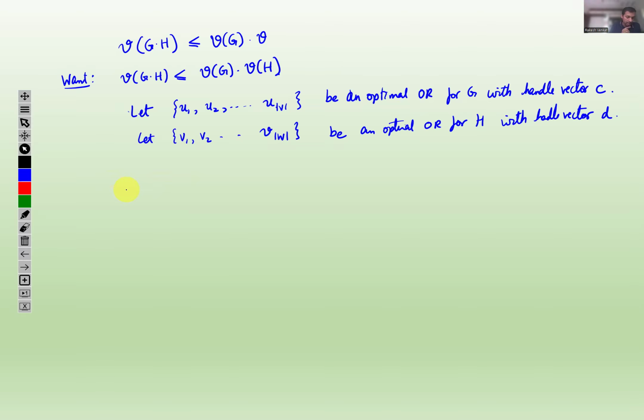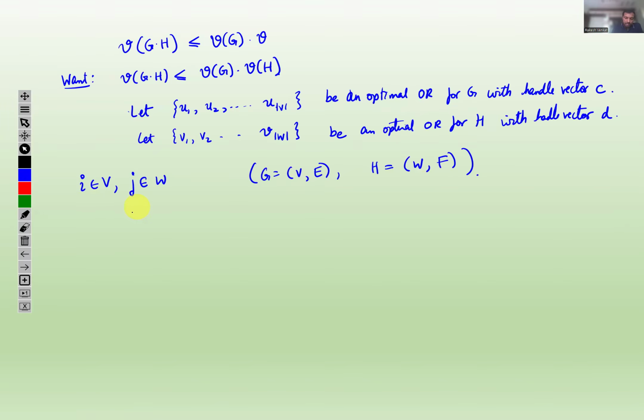Let me call this vertex I, in G, and J a vertex from H. Suppose I take I in B and J in W to be two vertices.